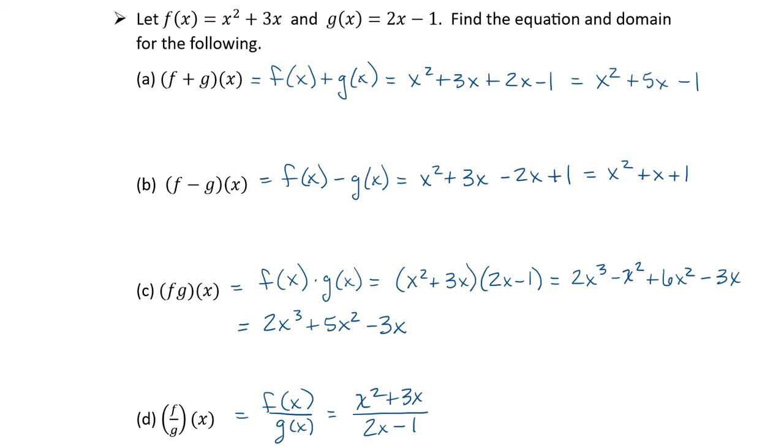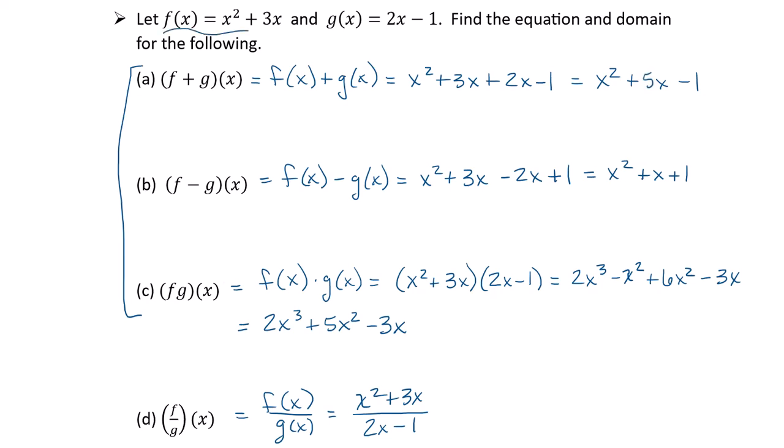When we find the domain for these new functions that we formed, the domain for the first three, f plus g, f minus g, and f times g, will be the same domain. The domain is all real numbers, and then exclude any numbers that are not in the domain of f and exclude any numbers that are not in the domain of g.